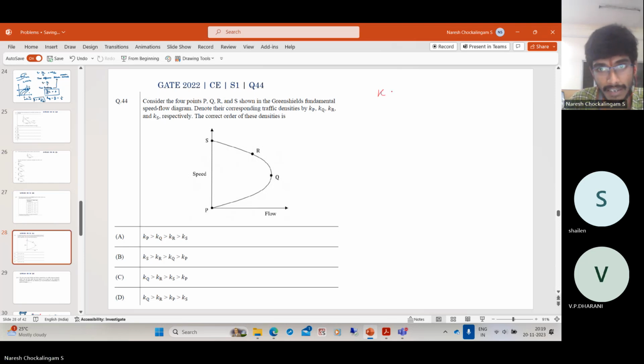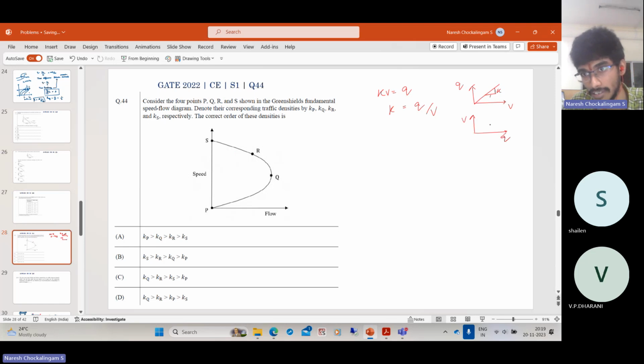We know that k times v is equal to q. So k is equal to q by v. So what does it mean if you draw v versus q? The slope of that line is the density. But what we have is v versus q.